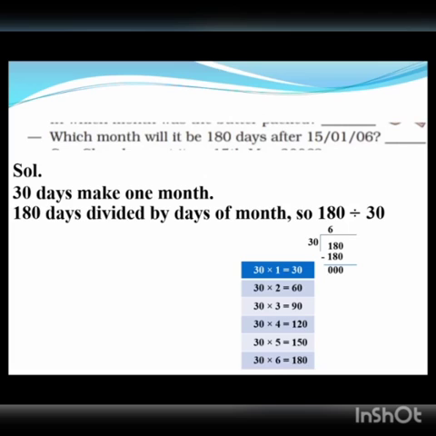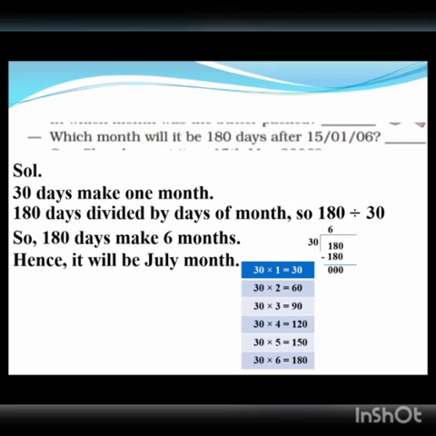Yes, so our answer is 6. So 180 days make 6 months. Hence, it will be July, because after 6 months from January, we have February, March, April, May, June and July. So our answer is July.